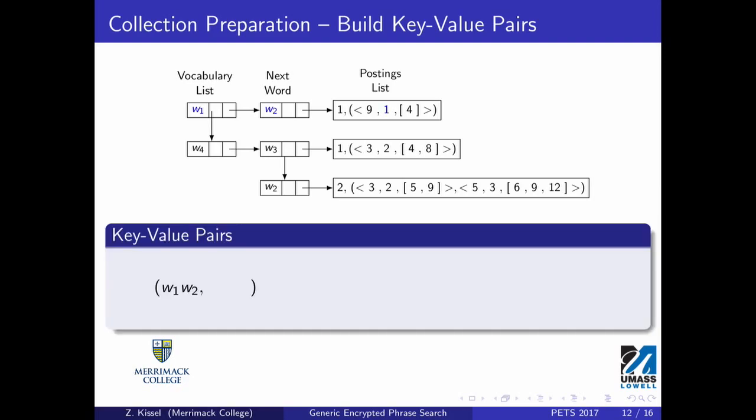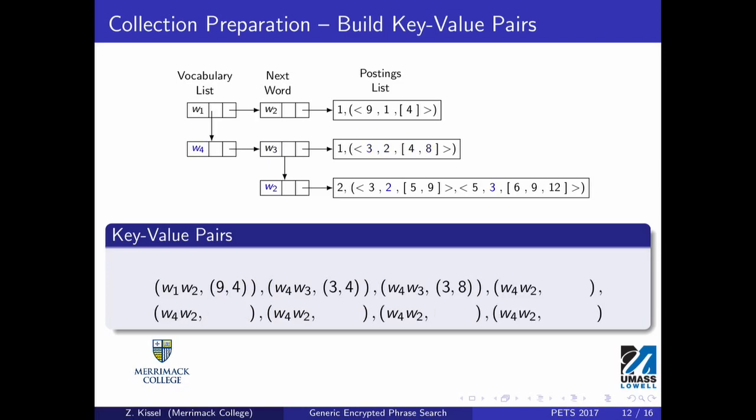So here's how we collapse that data structure. We notice that we have W1, W2. It occurs in one location in document 9, specifically at location 4. We look at the same with W4, W3. It occurs at 2 locations in document 3, 4 and 8 respectively, and then W4, W2, 2 in document 3, 5 and 9, and 3 in document 5, 6, 9, and 12.